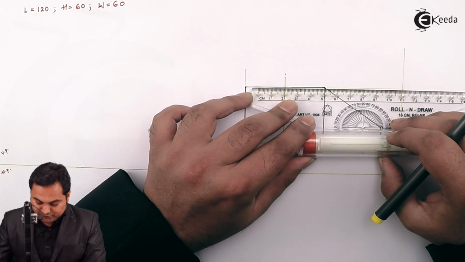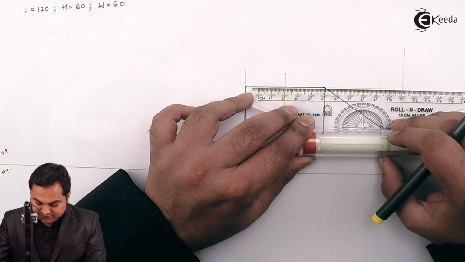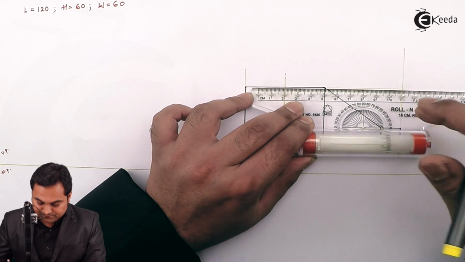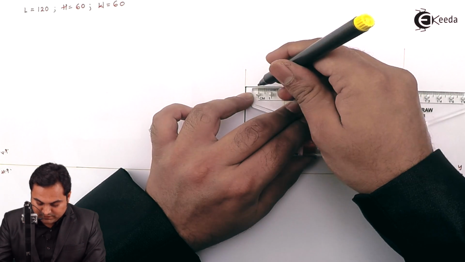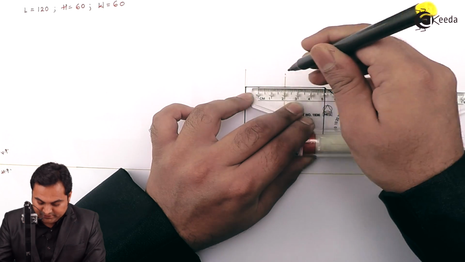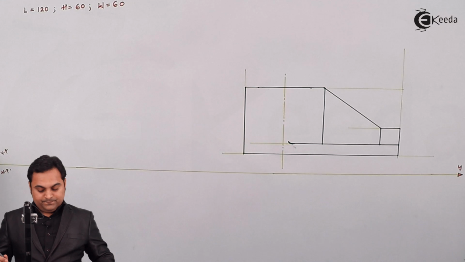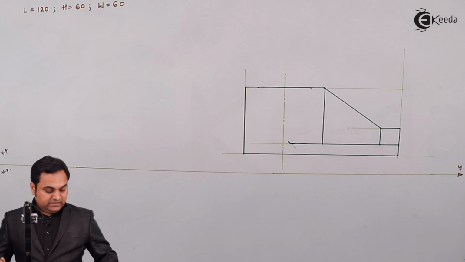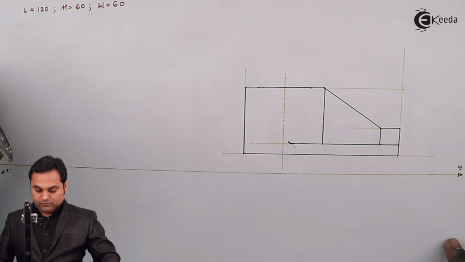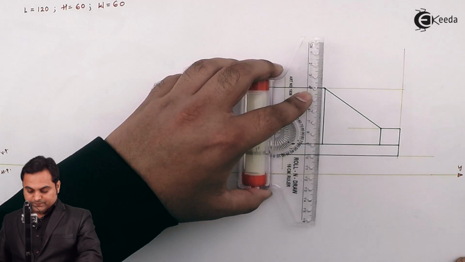The diameter is 40, so from the center I'll measure 20 mm on one side, 20 mm on the other side, and first I'll draw a light vertical line through these points.